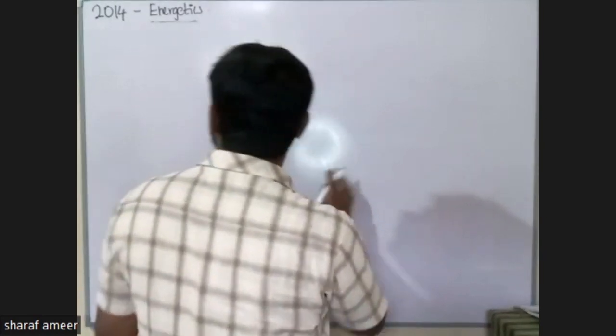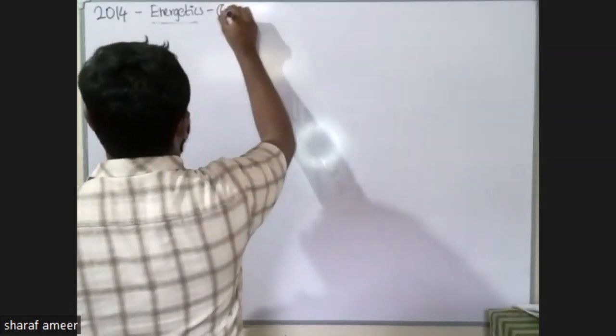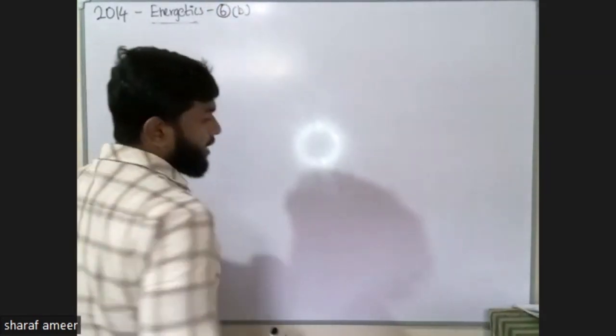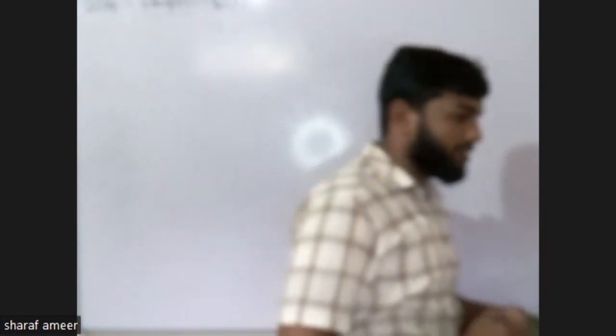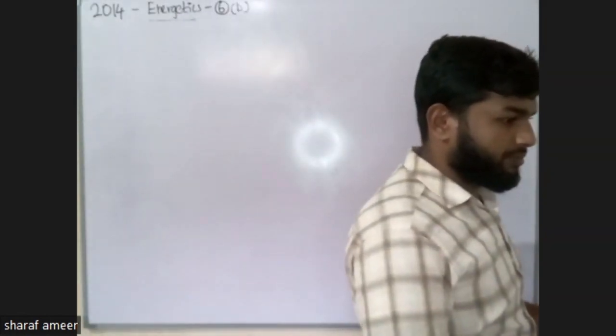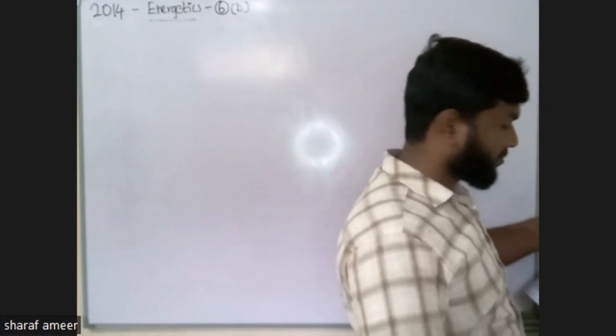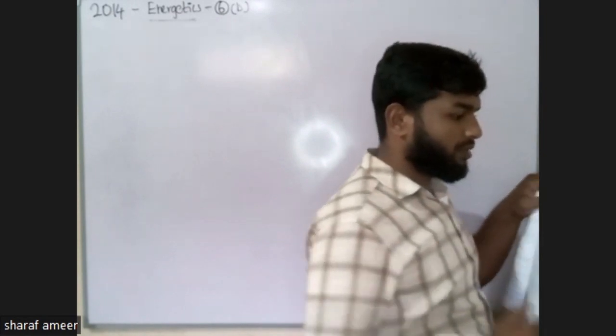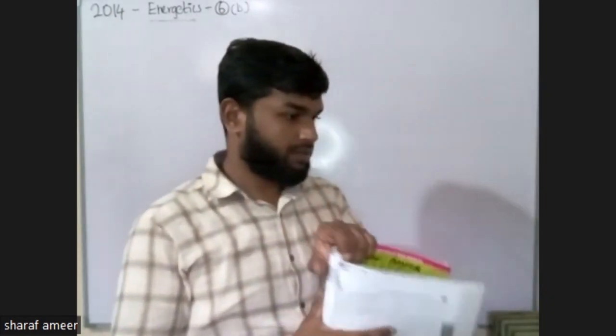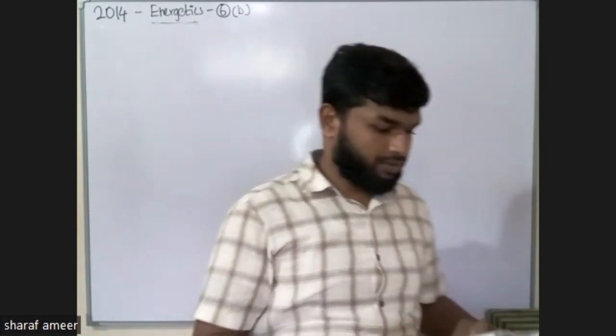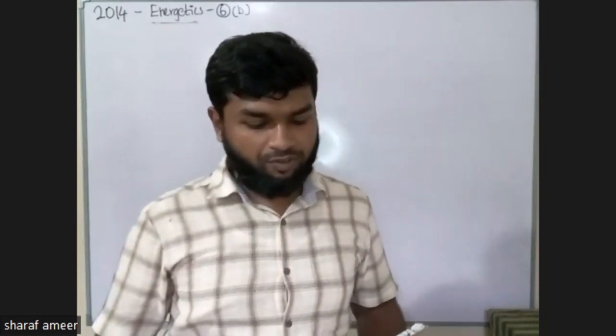So sixth question, part B, right? So we'll see what the question is. Now see here, enthalpy and entropy data for the dissociation of weak acid HA are given below.